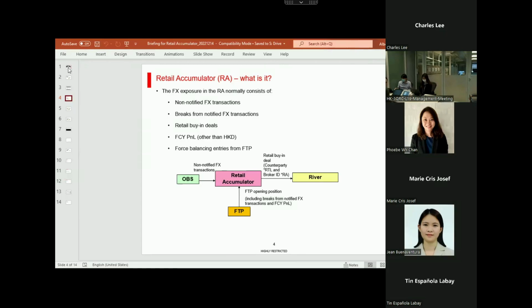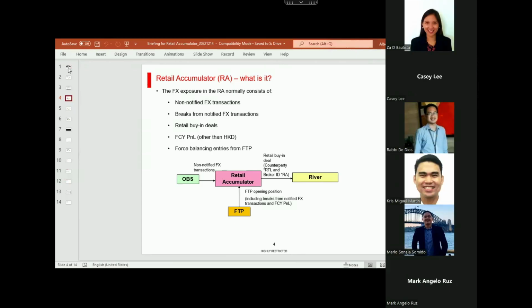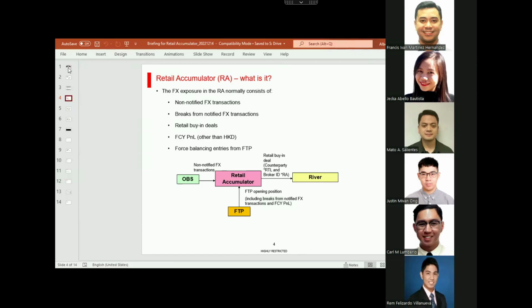And the last item is the force balancing entry from FTP. From time to time, there are accounting breaks happening in the ledger, and these force balancing entries would have an impact to the retail accumulator as well. I think actually we have some large breaks today, still due to that.